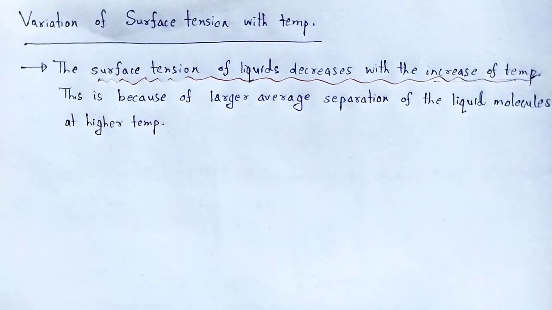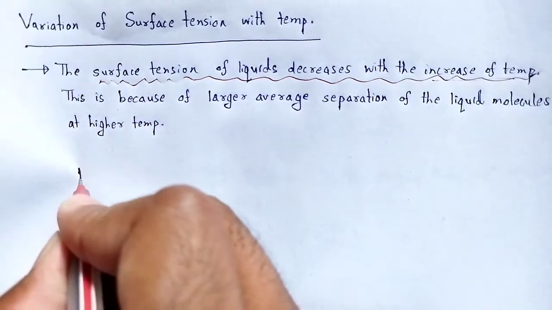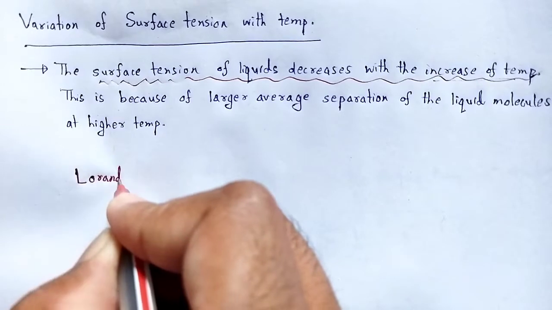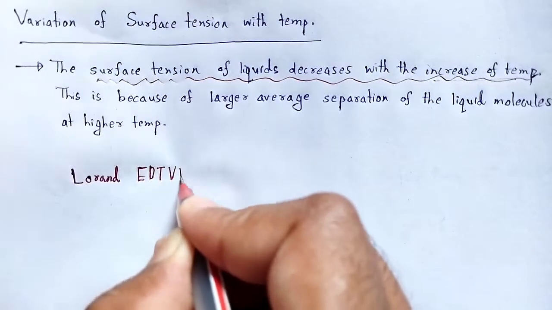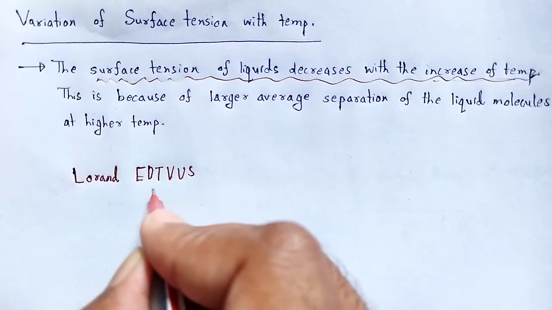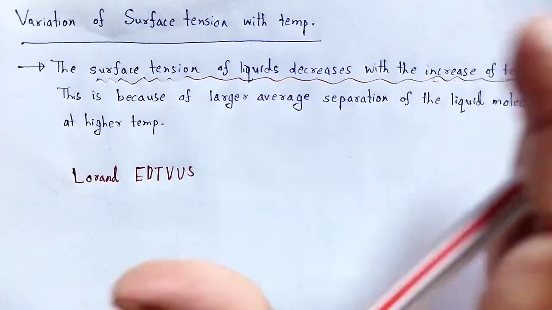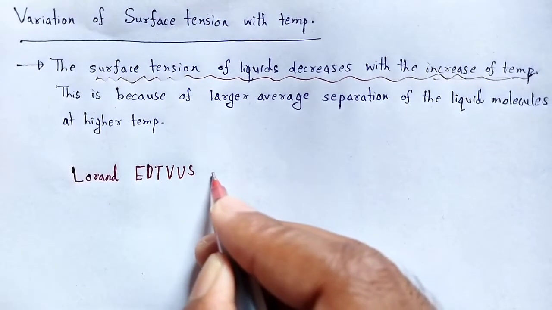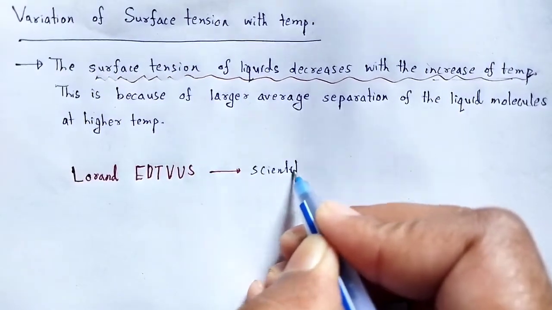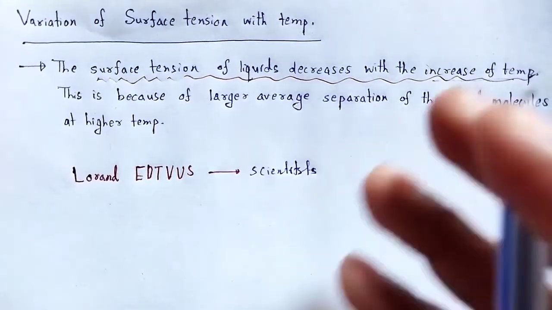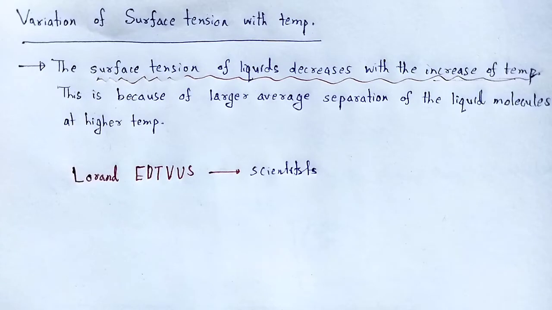Now, here a Hungarian scientist whose name was Lorand Eotvos proposed the variation of surface tension of an arbitrary liquid at all temperatures.